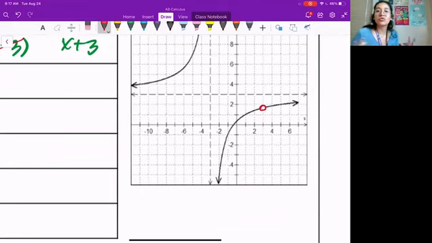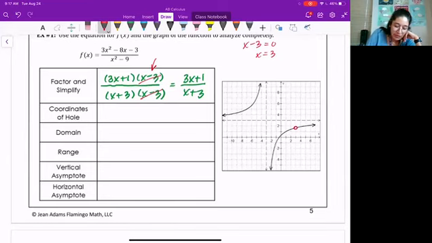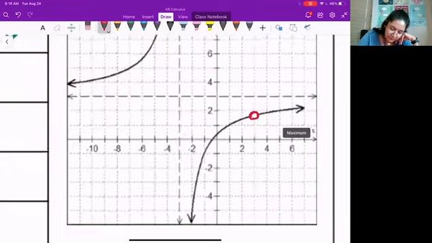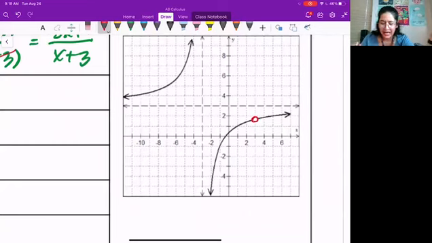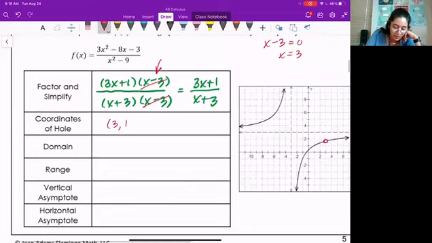This was my removable discontinuity. So anytime you can cancel something from the numerator and the denominator of a function, there's going to be a hole there. The x coordinate of my hole is at x equals 3, and the y value looks to be about 1.75, maybe a little estimate there.